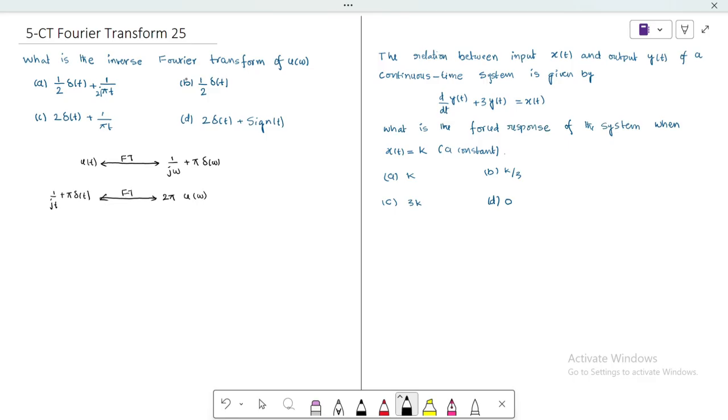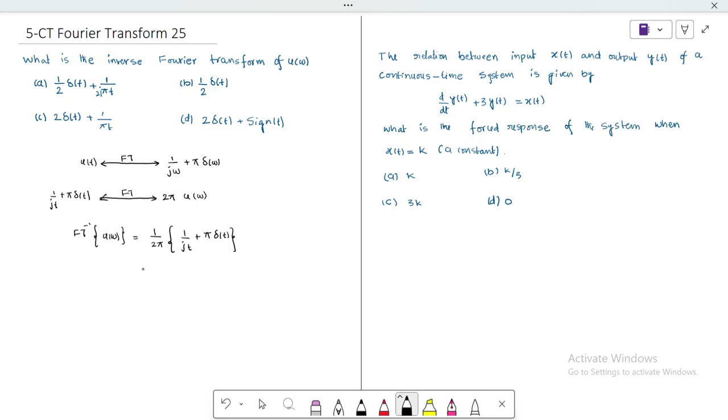So what is he asking? Inverse Fourier transform of u of omega. Then that equals 1 by 2 pi into 1 by jt plus pi into delta of t.